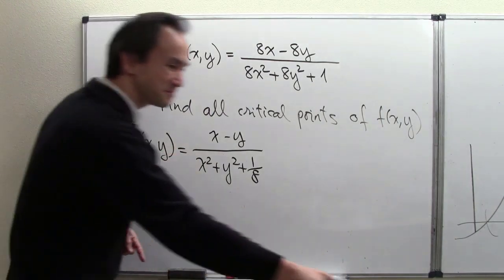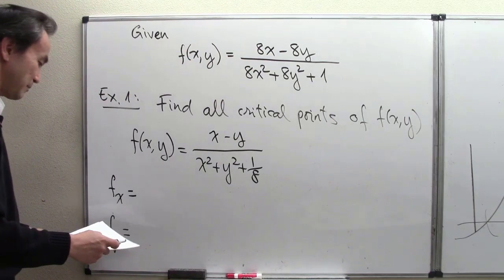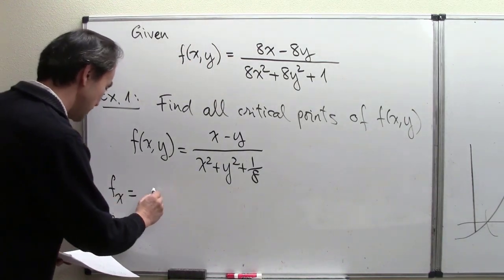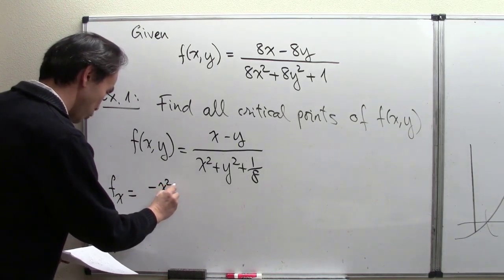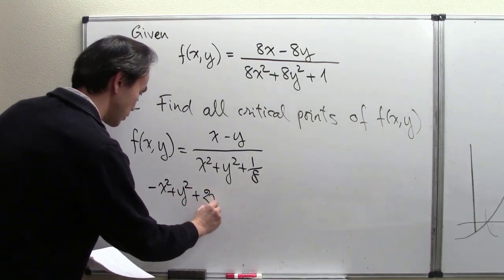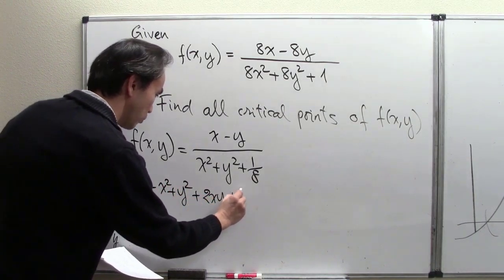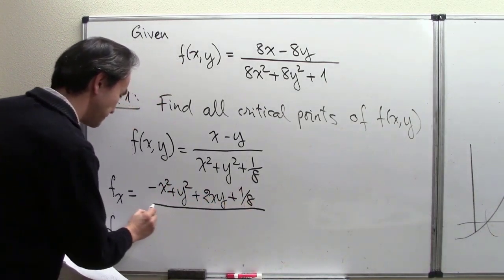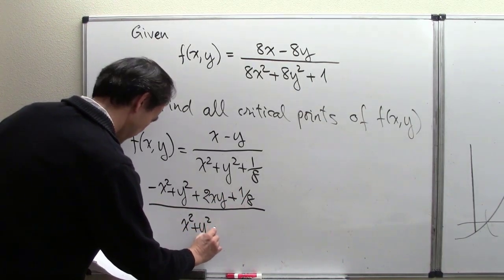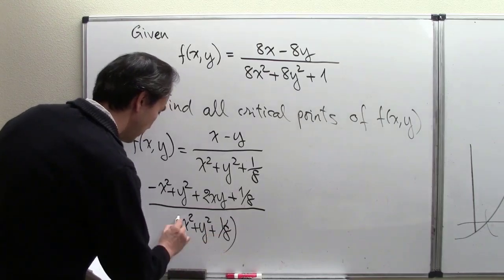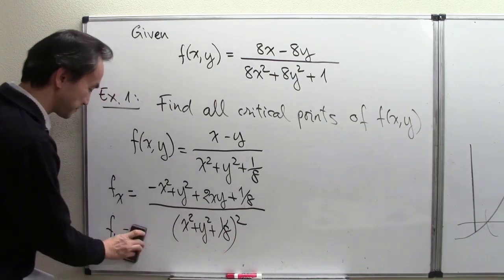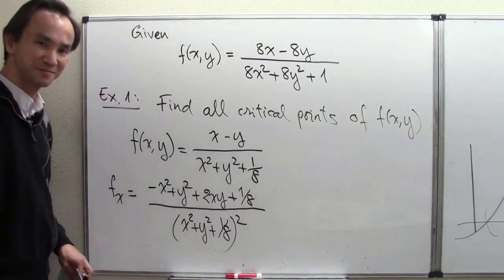So f sub x, the partial derivative along x, is found to be minus x squared plus y squared plus 2xy plus 1/8, over x squared plus y squared plus 1/8, all squared. So that's my partial derivative with respect to x.